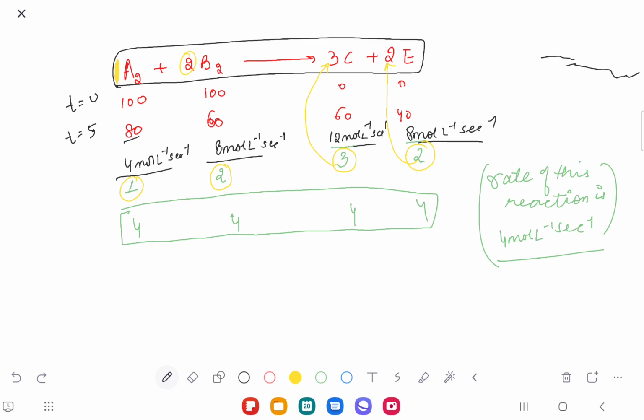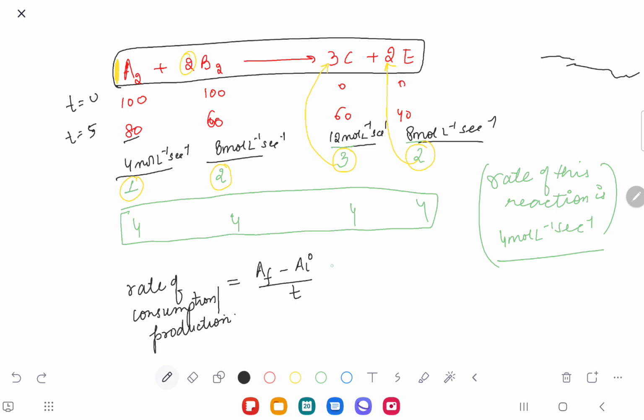So rather than calculating, what are we calculating? We are calculating A final minus A initial over time. This is what we are calculating, and we are calling it either the rate of consumption or the rate of production. Yes or no? So can I call this delta A?